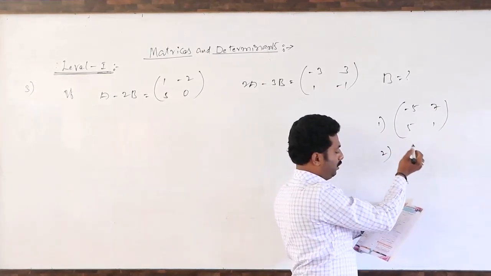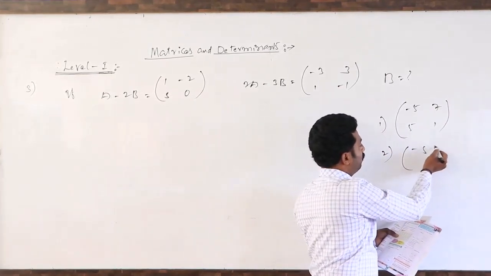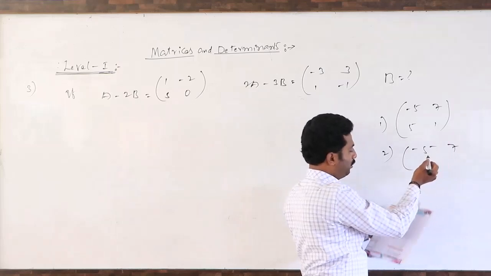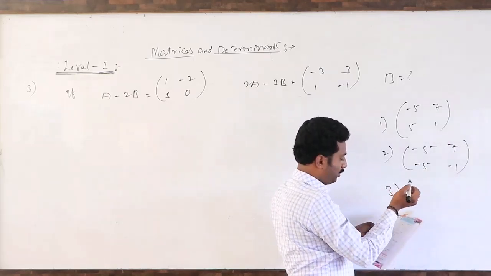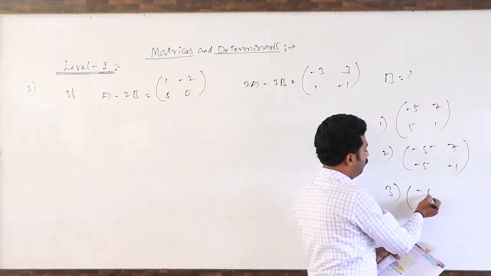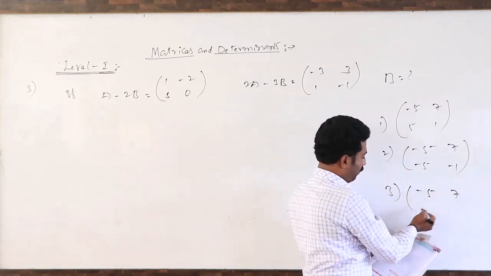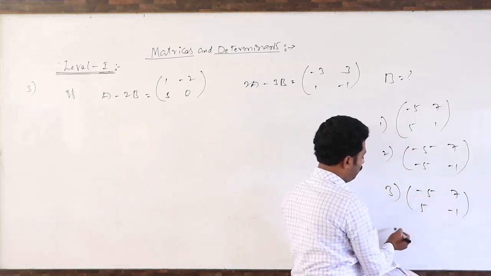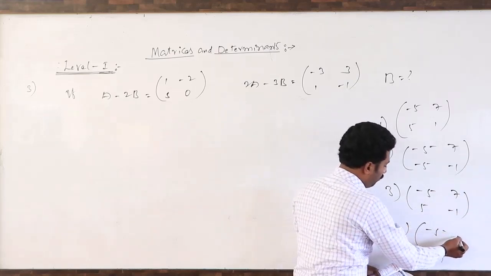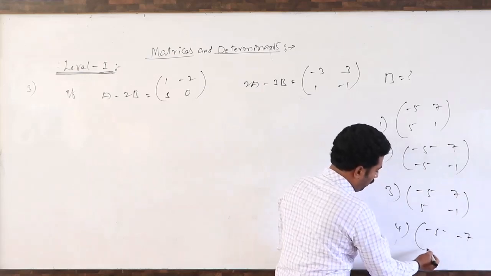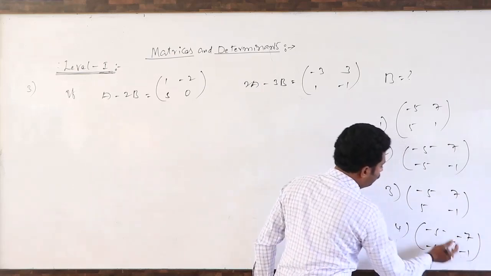Second option: minus 5, 7, minus 5, minus 1. Third option: minus 5, 7, 5, minus 1. Fourth option: minus 5, minus 7, minus 5, minus 1.